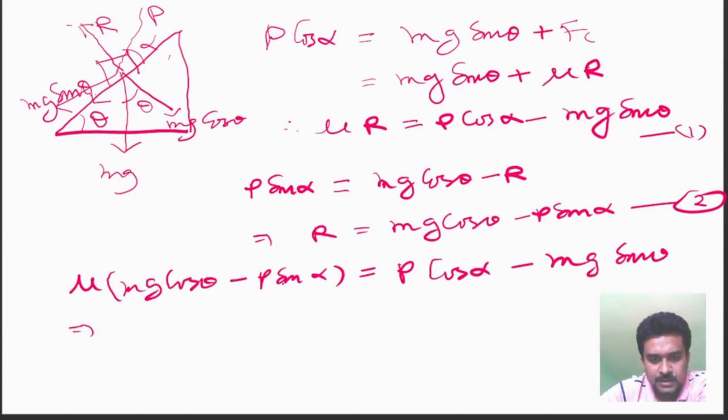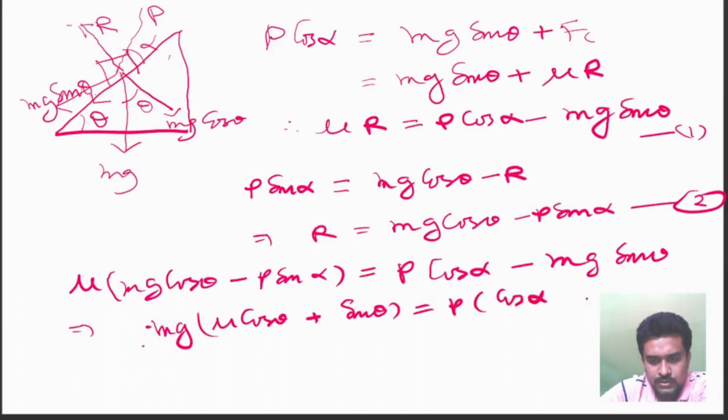So our aim is to find out P. So P will be, here you can take mg common, mg (mu cos theta plus sin theta) divided by (cos alpha plus mu sin alpha).